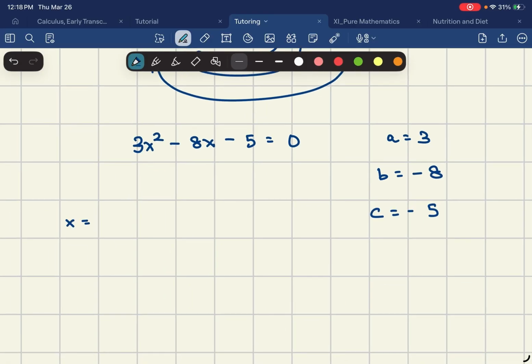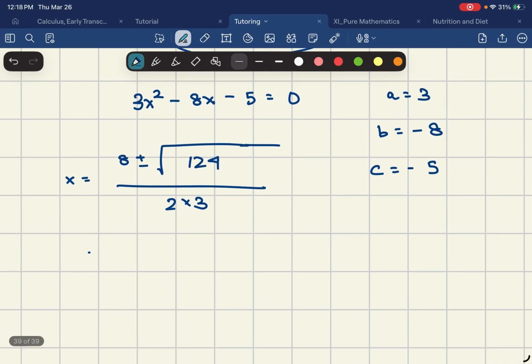So x is going to be minus of minus 8, minus b, that is plus 8, plus or minus the square root of b squared, negative 8 squared is 64, minus 4 times a is 3 times c is negative 5. So that gives me negative 60. And when I do that, I will actually get 124, divided by 2 times 3. So that is 6. So 8 plus or minus the square root of 124, divided by 6.